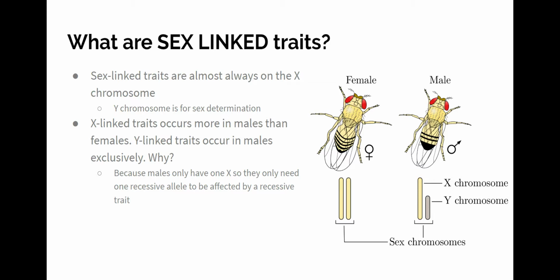They only need one dominant or one recessive allele to be affected. So a male can get a recessive trait from mom, and that would then be present in their phenotype. And we'll see examples of that shortly. Again, females cannot get Y-linked traits because they only have one X chromosome.